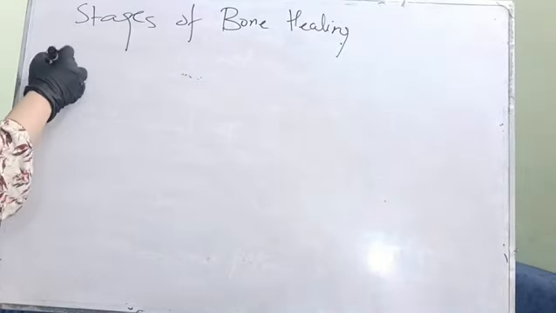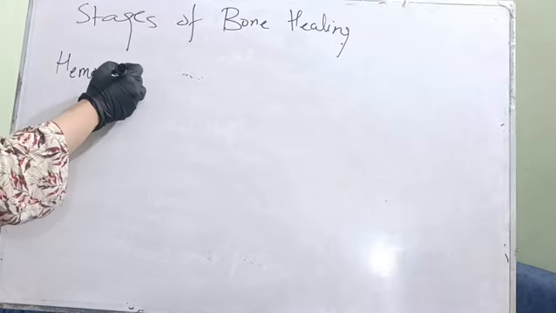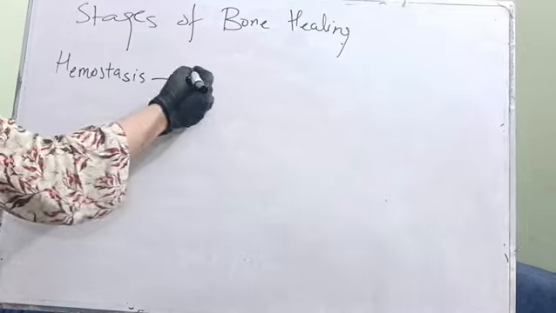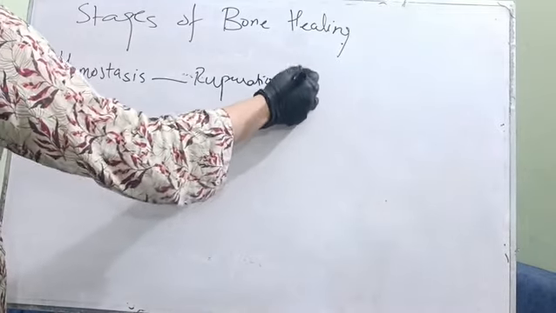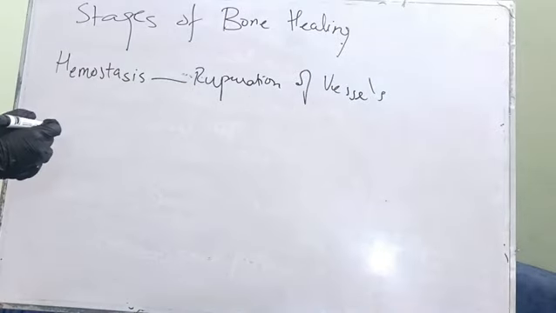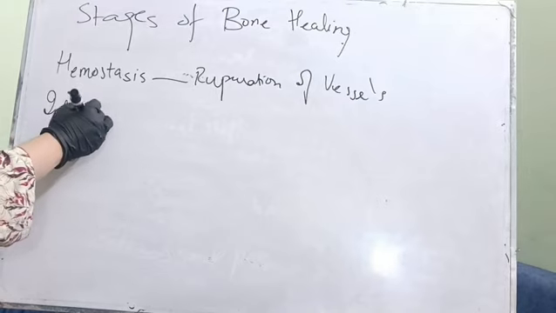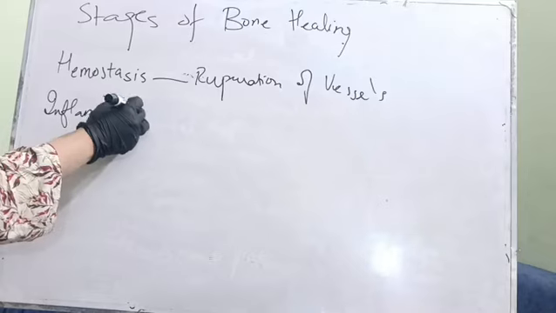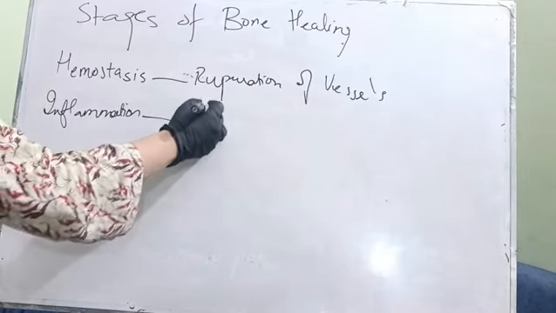There are 4 stages, that is hemostasis, which includes the rupture of blood vessels, and inflammation, which includes the different cytokines, the mast cells, the anti-cytotoxins, etc.